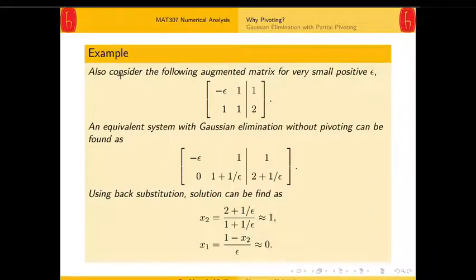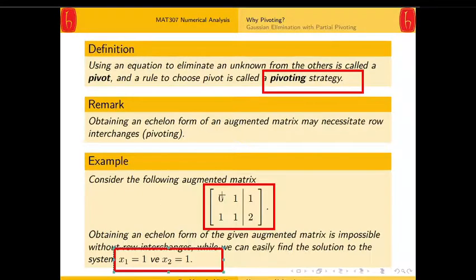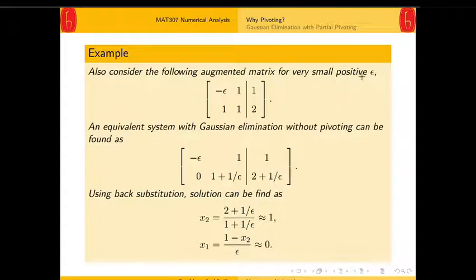Now also consider this example. In this example, we replace the 0 position with a small positive number, epsilon, so this will be negative epsilon, and this epsilon will be like 10 to the negative 10, for example.